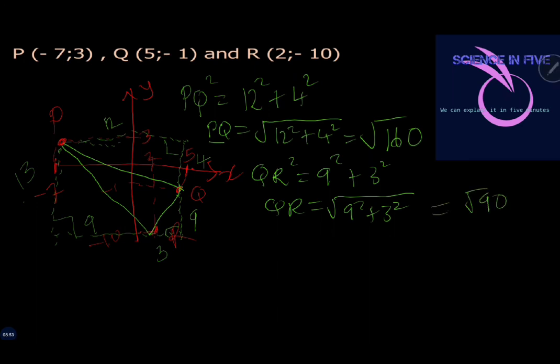Then PR squared should be 13 squared plus 9 squared. Therefore PR is the root of 13 squared plus 9 squared. What is 13 squared and 9 squared? It's the root of 250.